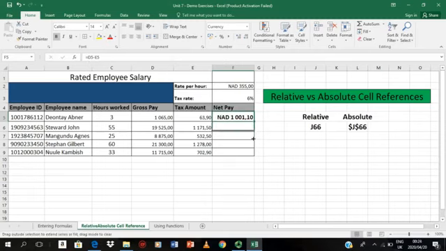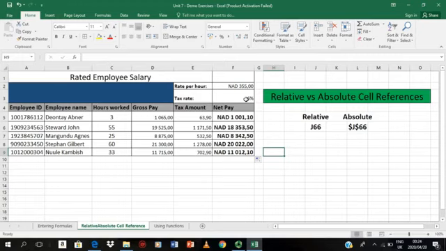And we can just copy that down. Great, don't mind the numbers. The most important thing is for us to realize the importance of using an absolute or a relative cell reference, or knowing when to use either of the two.